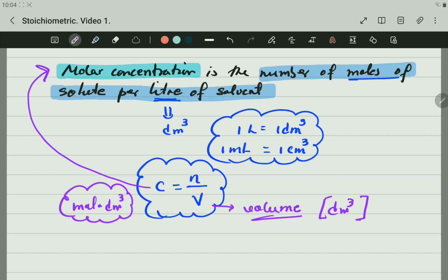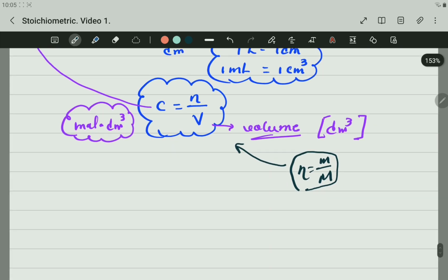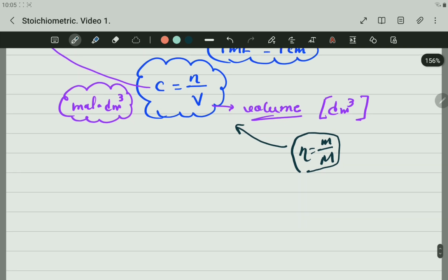Now, if we combine some formulas, remember that the number of moles was mass divided by molar mass. If we rearrange this formula and substitute in there, we get another formula that can help us to calculate concentration.